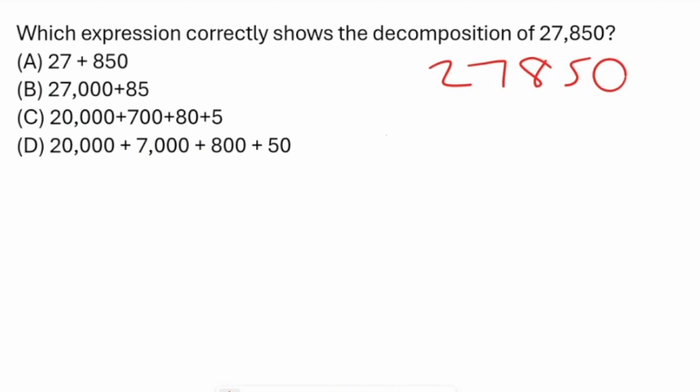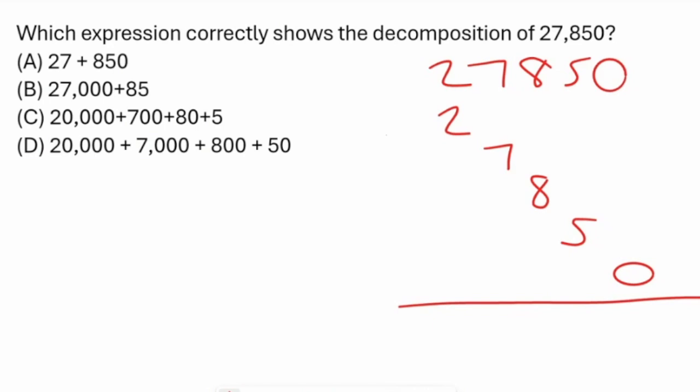So I'm going to drop each one of these numbers down into its own line. 2, 7, 8, 5, and 0. Okay, and these are all going to add up to 27,850.